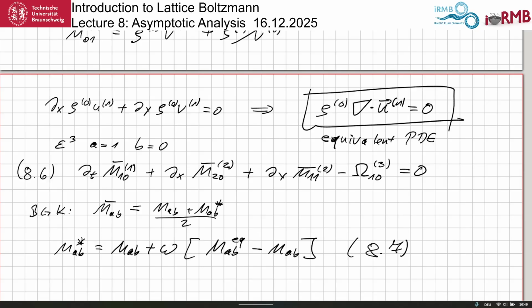So also we have omega AB is the post-collision minus the pre-collision.